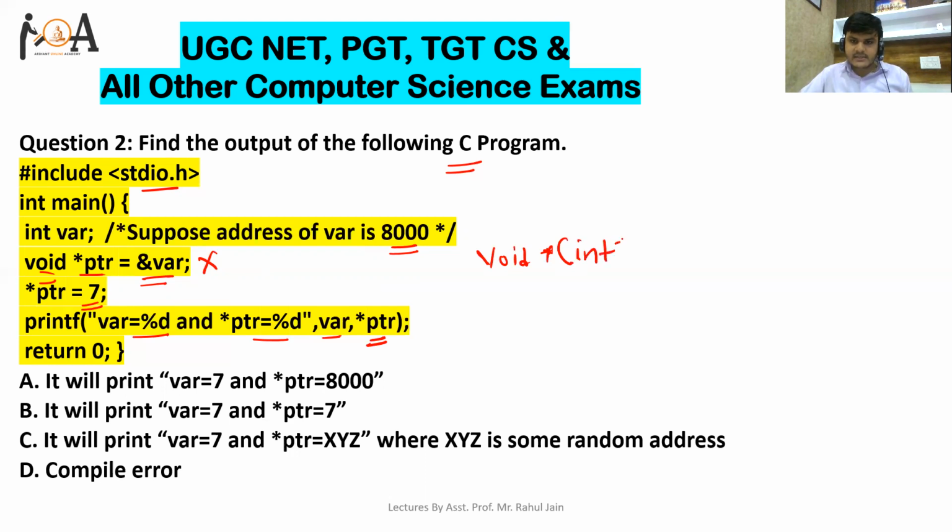So it should be int star ptr, and it would hold the address of the variable. That should be the correct way. Hence, this is an incorrect use of the void type, so a compiler error would occur. So option D is the correct answer.